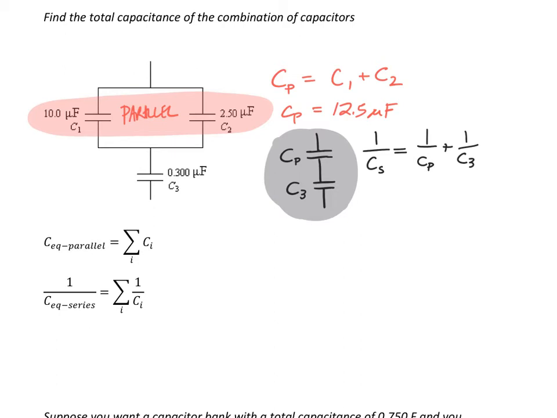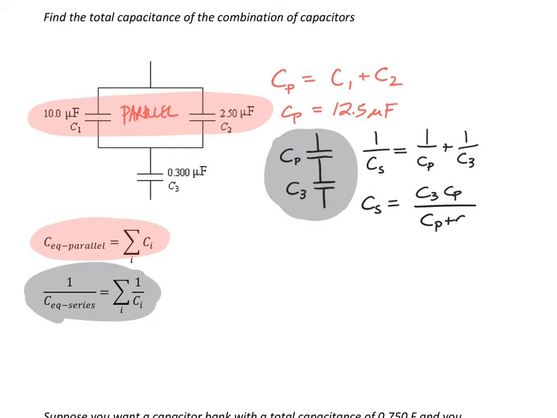That would never stop changing. You can see this is the general formula for series, and this one here is the general formula for parallel. All right. So what this means is now when I solve, I would just have the product over the sum.